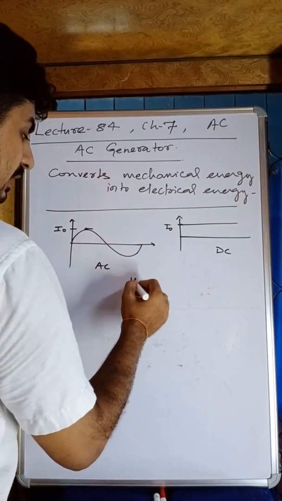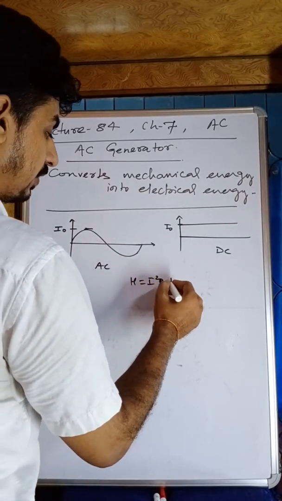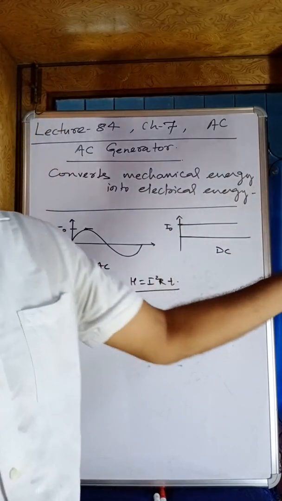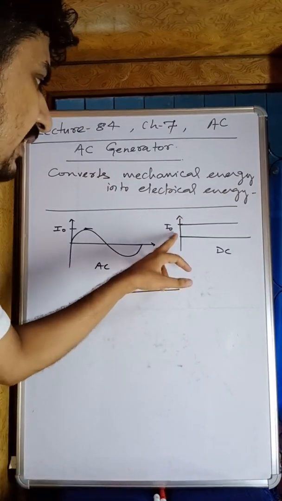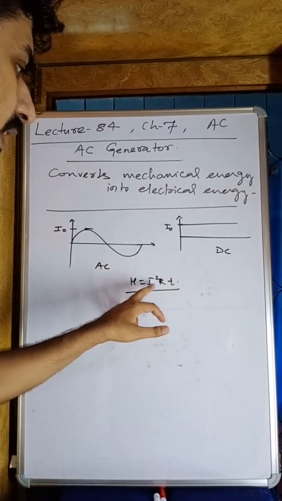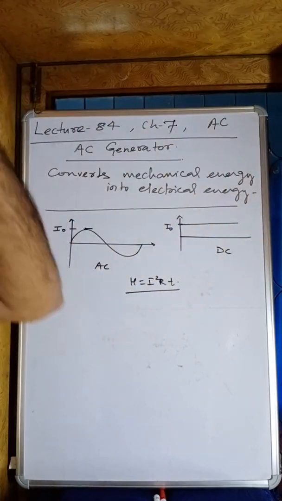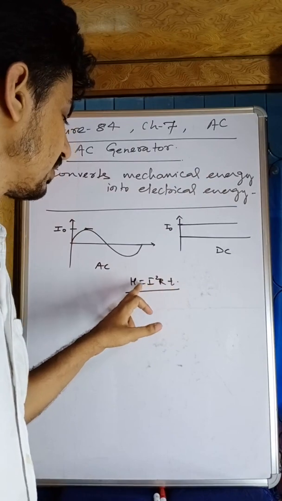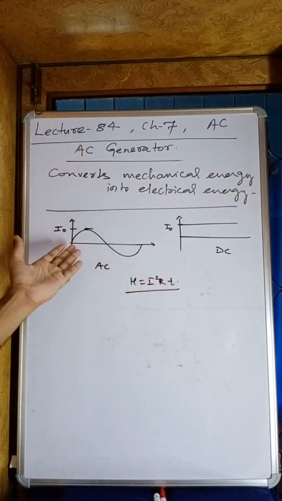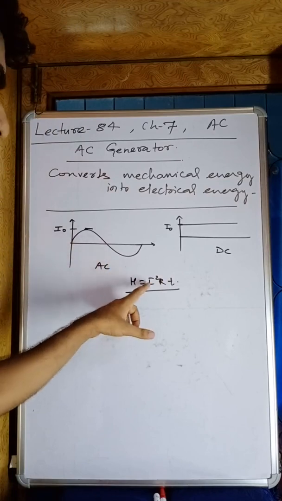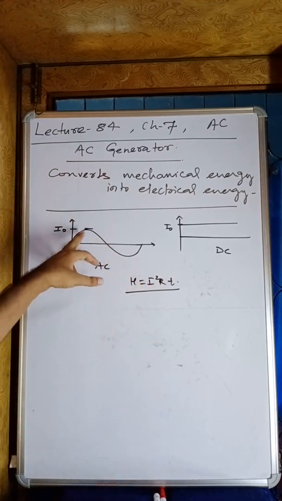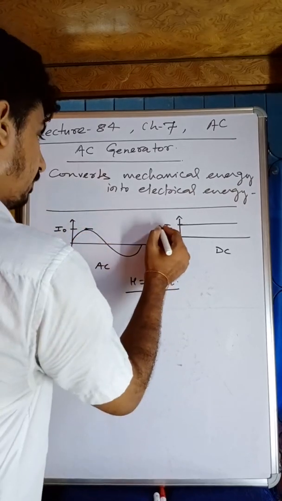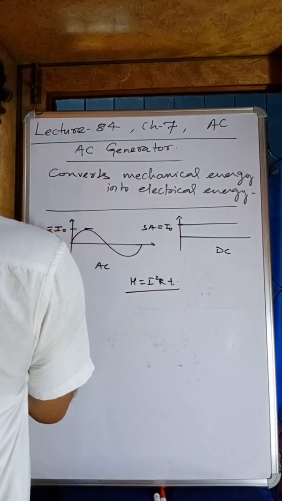Now, we know that heat is I square R T. If we want to transmit DC current over a large distance, what will happen? This current moves continuously through the wire, which has great resistance because of the great length for large transmission. So in the same time, it generates more heat compared to AC. In AC, the peak value is smaller. Suppose it is 5 ampere in both cases.